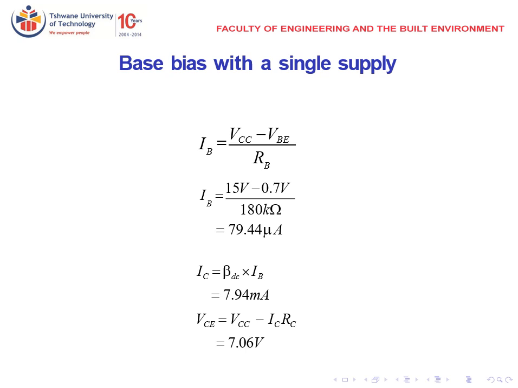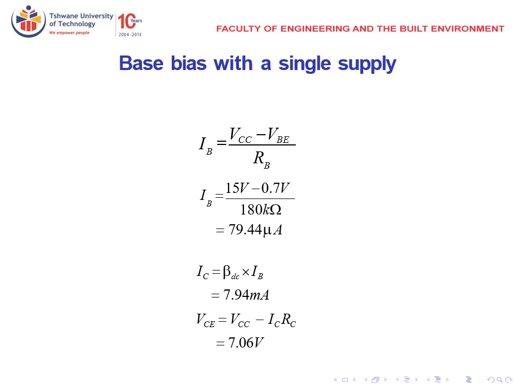The voltage drop across the base emitter is 0.7, and the voltage drop on your resistor RB is equal to IB times RB. We know the value of VCC, we know VBE, we know the value of the resistor, so we can calculate the unknown value, which is IB. This is how we calculated it. So IB is 79.44 microamperes.